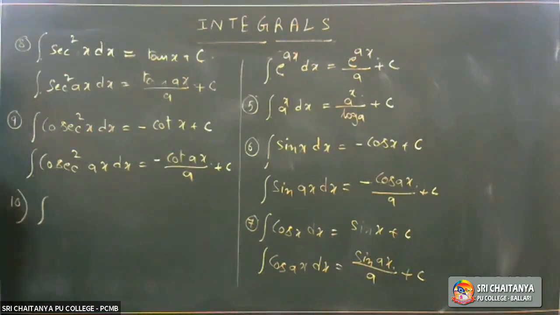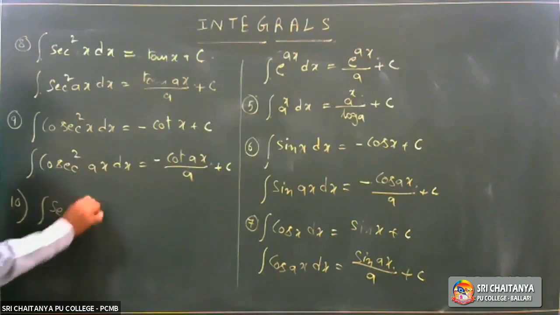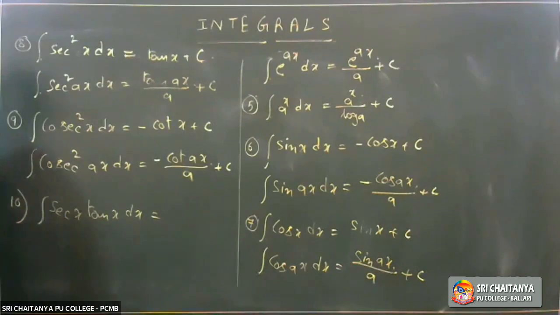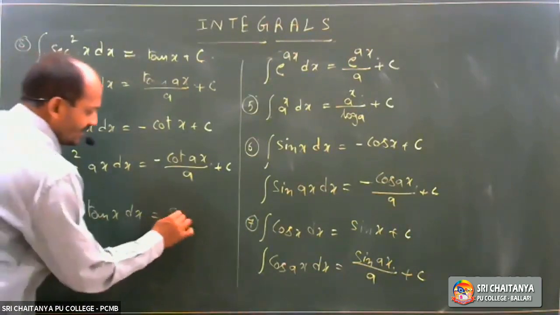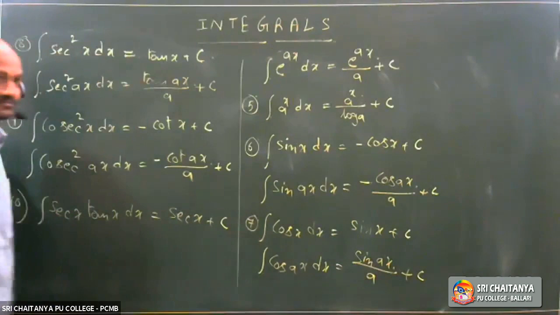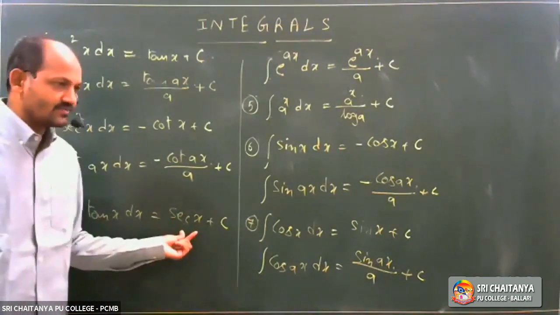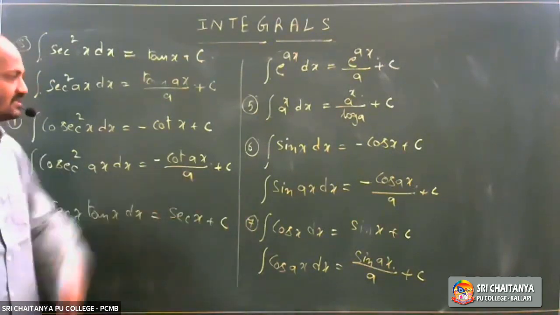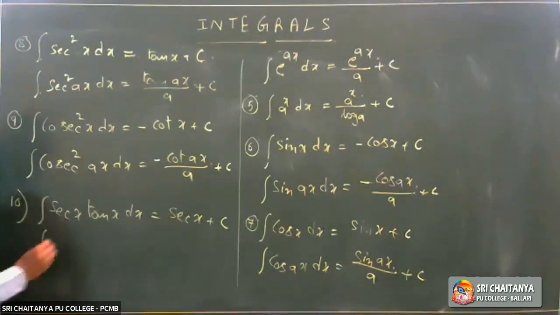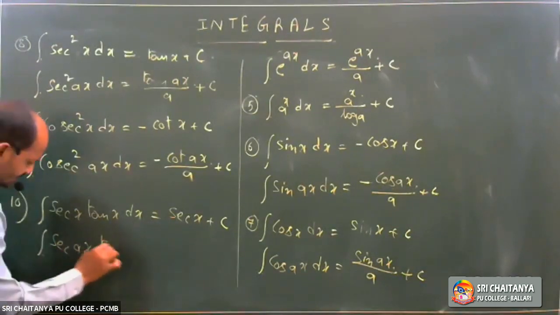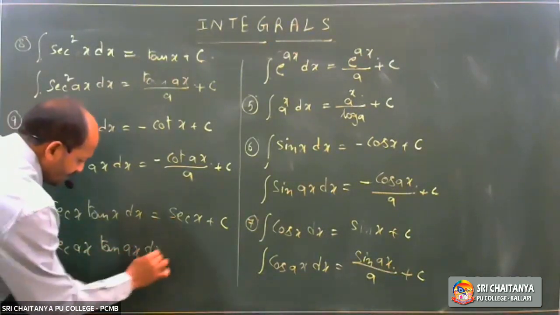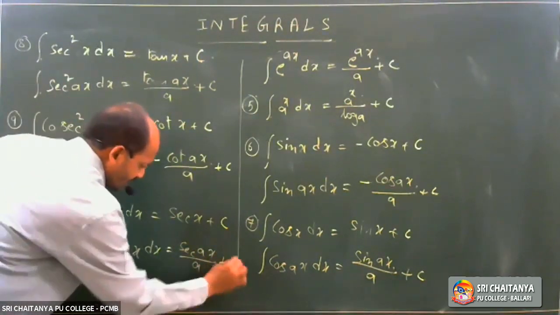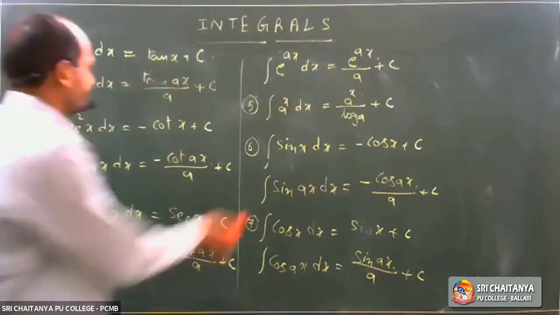Next, integral of secant x tan x dx is secant x. You know that the derivative of secant x is secant x tan x. So integral of secant x tan x is secant x plus c. Integral of secant ax tan ax dx is secant ax divided by a plus c.